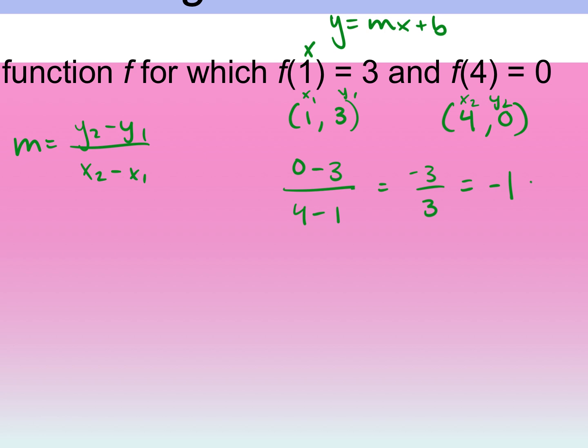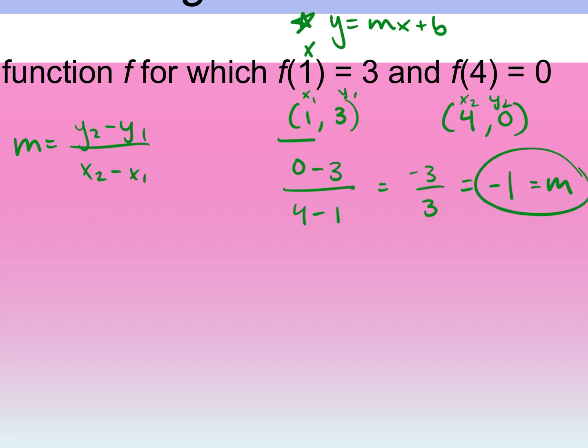So we have our slope. What else do we need? Our y-intercept. We need our b. You can find your b either by plugging it into point slope form, or you can plug it into your slope intercept form and solve for b. Either way works. So I'll do slope intercept form here.